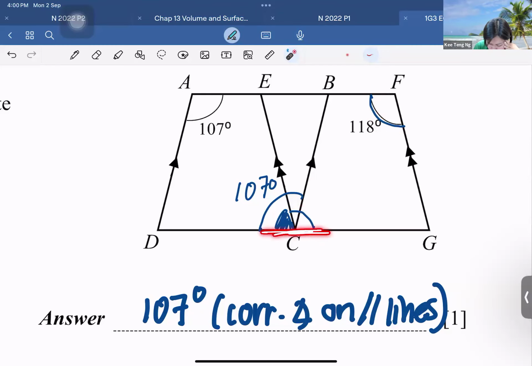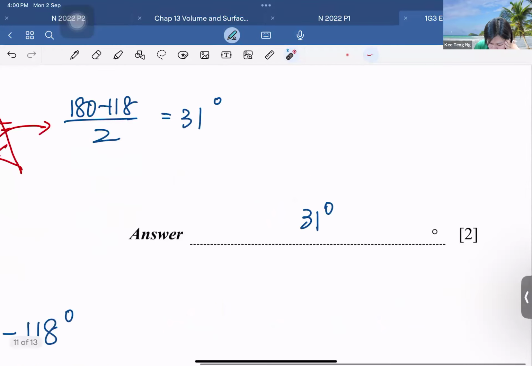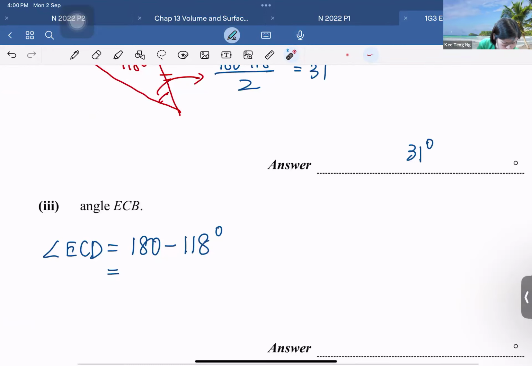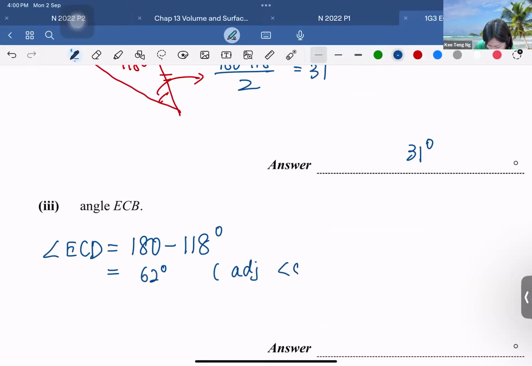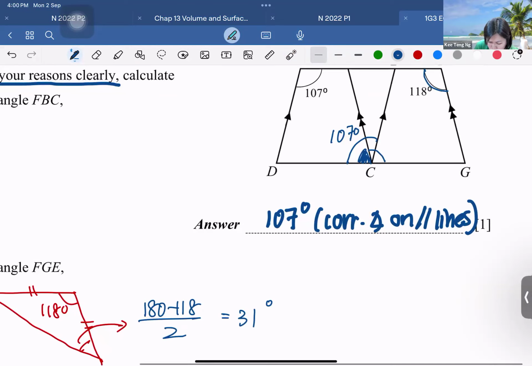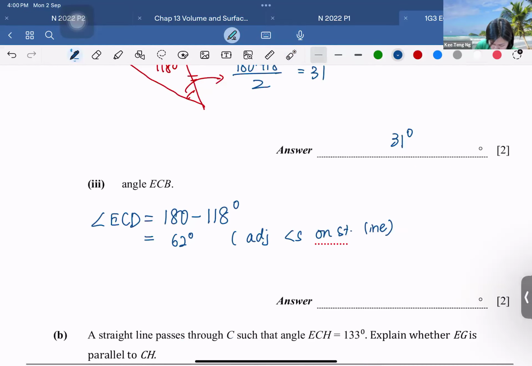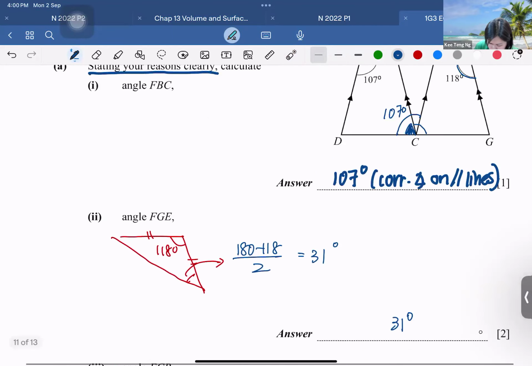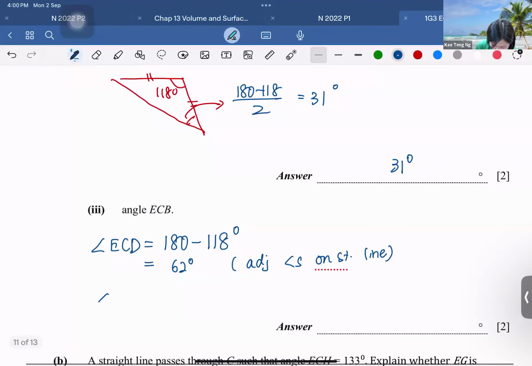Then this one, angles on a straight line. 180 minus 118, 62 degrees. Adjacent angles on a straight line. Then next, I know the whole angle is 107, opposite angles of a parallelogram. Then I minus away. So angle ECB.